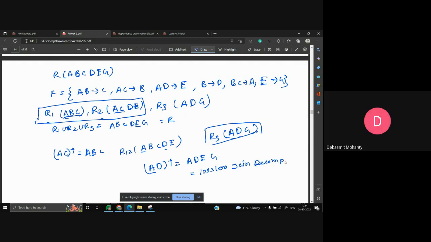When there are multiple sub-relations, like R1, R2, R3, you start from the left, R1, R2. Once you prove that it's lossless, then you take the combination, in this case R1,2.